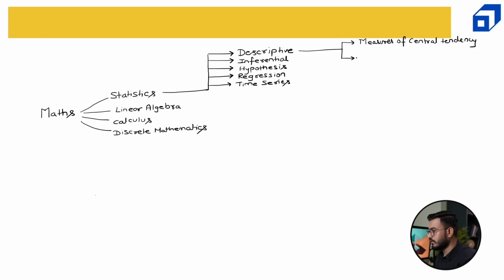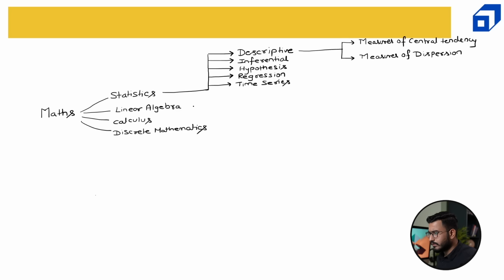Number second, measures of dispersion. Now we will try to take examples from both measures of central tendency and measures of dispersion. But first of all, let's try to complete this particular tree so that you can have a clear idea regarding how much math you need from all the subtopics.